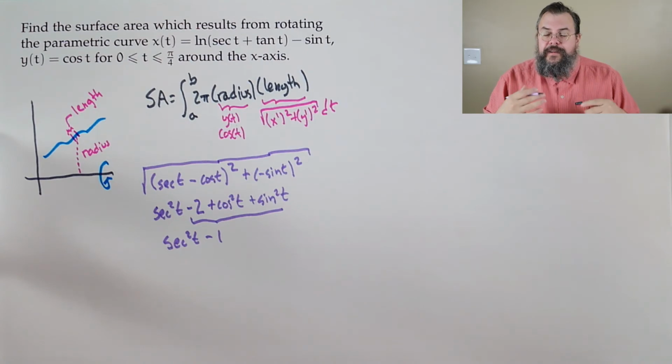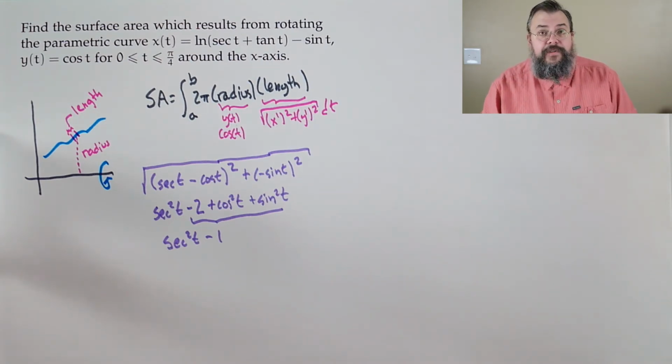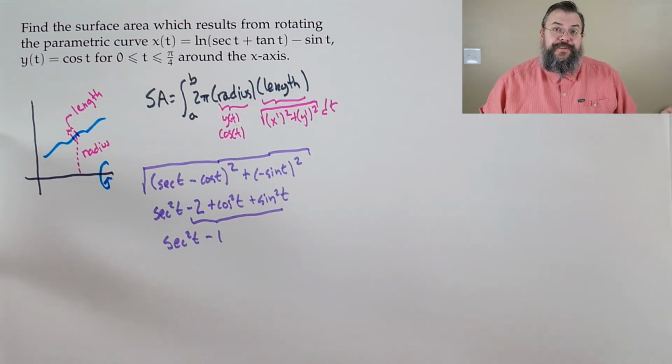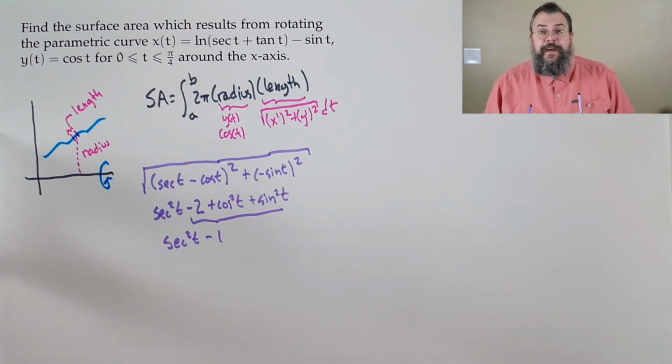So we start looking through our trig identities. Is there some trig identity that involves secant squared? Of course there is. There's always a trig identity. It's knowing which one to use. And in our case, there's really only about a half dozen that we need to know. We've already used one of them, cosine squared plus sine squared equals 1.